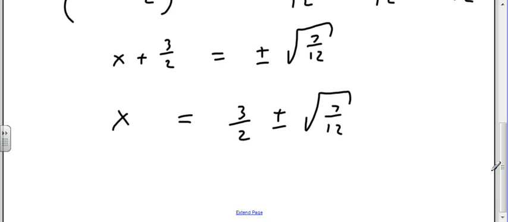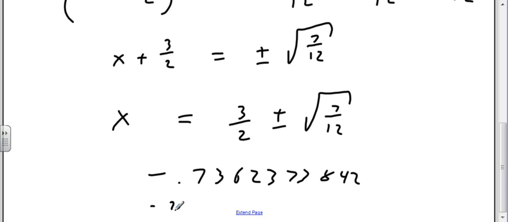Okay, now I got a 5, and bummer, it tells me this is minus 0.73623733842, and the other answer is minus 2.263762616.